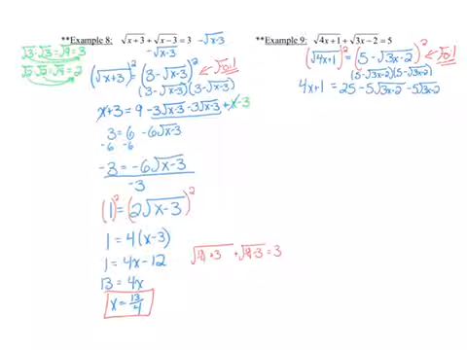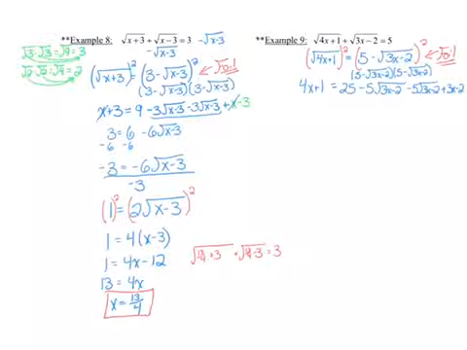And since we have negative square root of 3x minus 2 times negative square root of 3x minus 2, we're going to have positive 3x minus 2, because when you multiply the same radicals together, you're really just left with what's underneath.